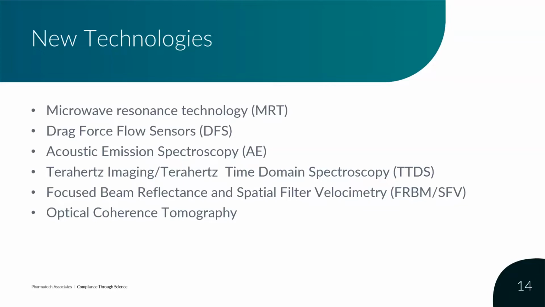Drag force flow sensors. These are really cool devices that measure the flow characteristics of a wet mass consistency that you're going to find during, for instance, a high shear wet granulation process. So basically, this is like a little finger that as material flows against it, the sensor is deflected.